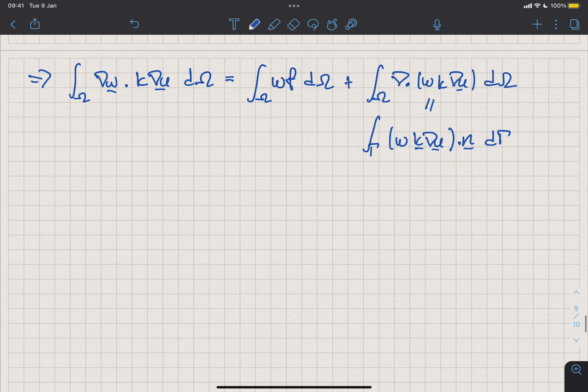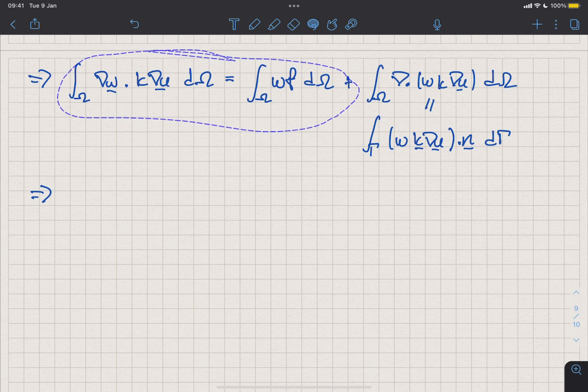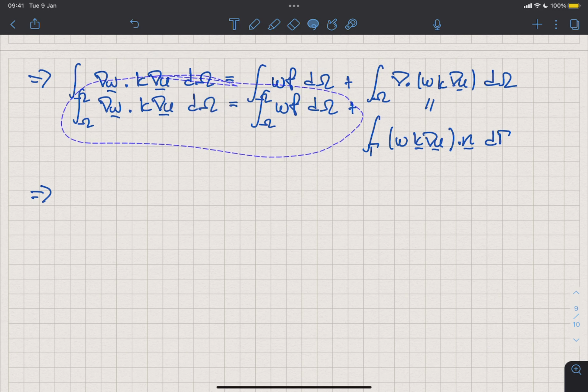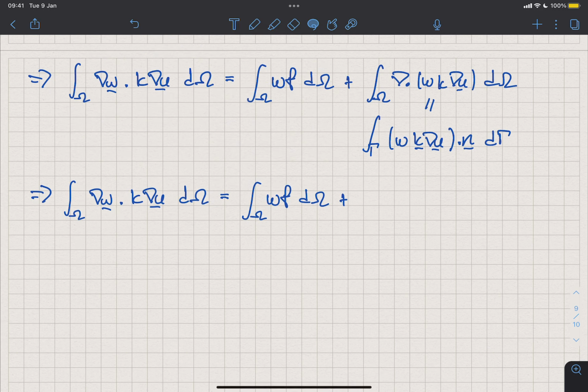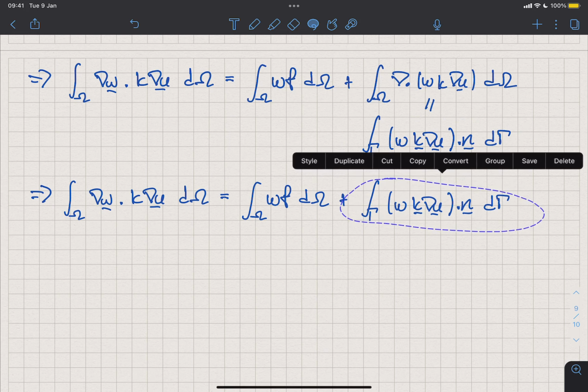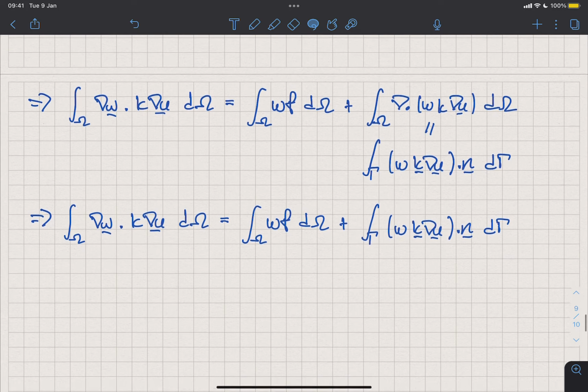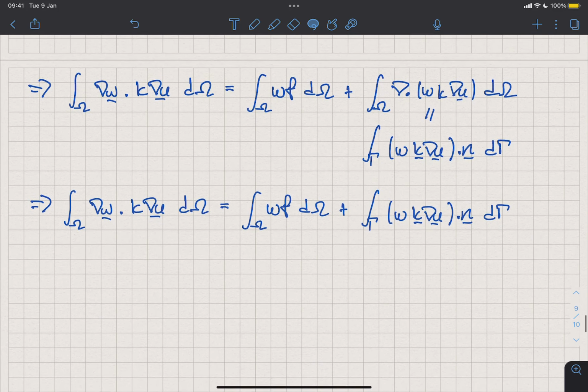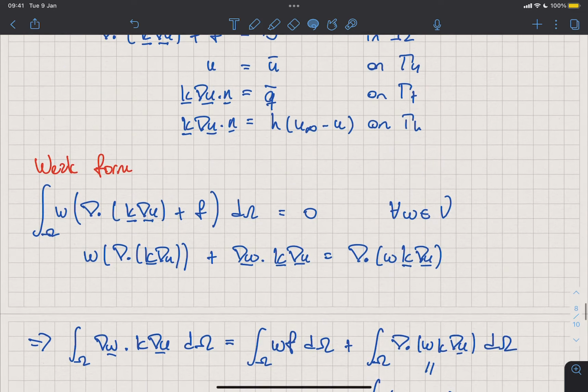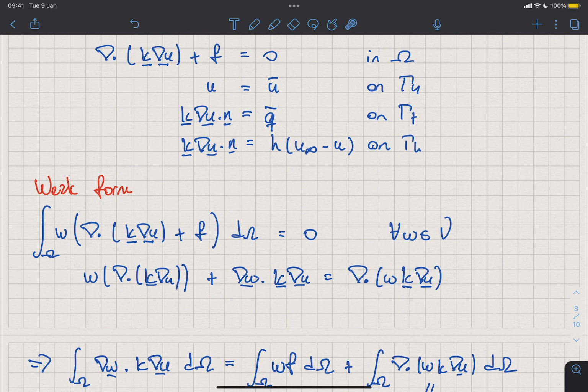Okay, so when we do that, let's just write this again. Let me copy this. Actually, let me copy all of this. Now, if you look at the last term, essentially all we have there is more or less the boundary conditions that you have here.